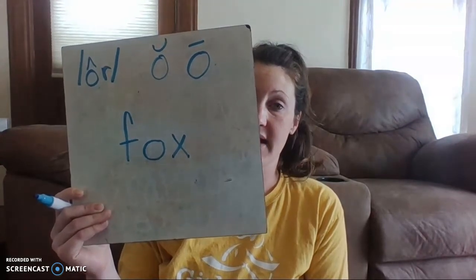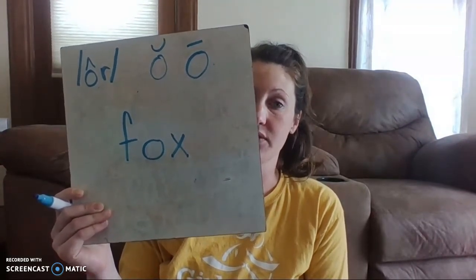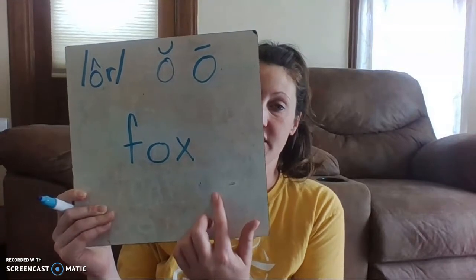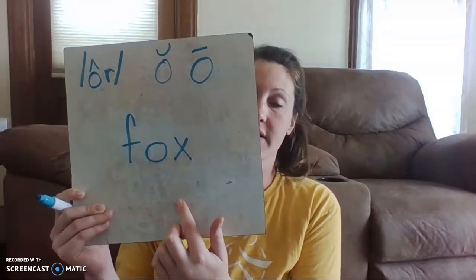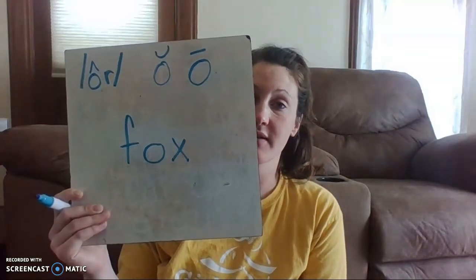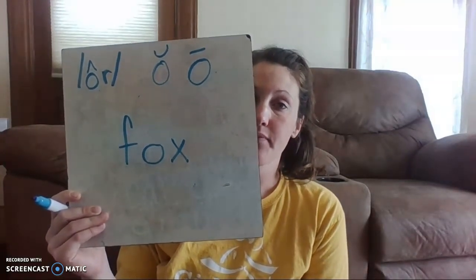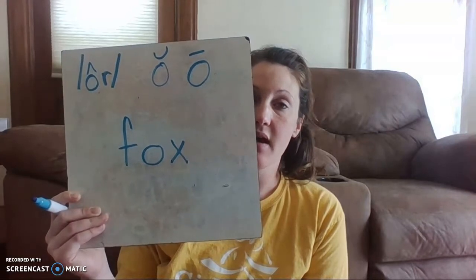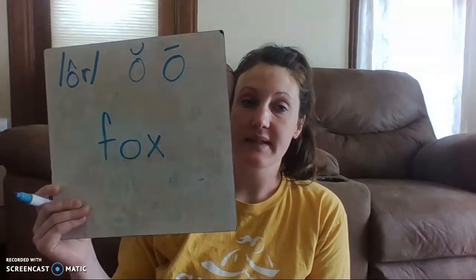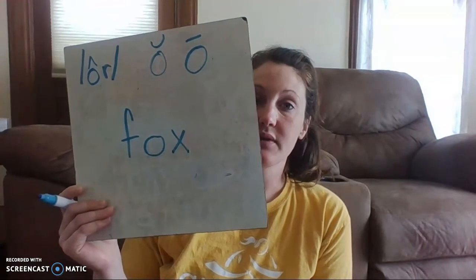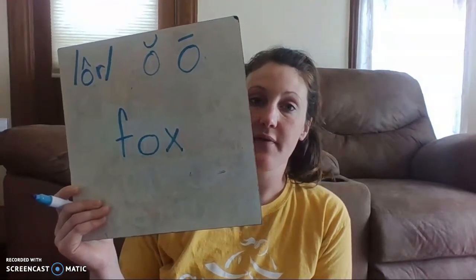If it's a short sound, it should be a closed syllable, which it is because that's a consonant. So ox, fox. And it can't be a long O sound because we don't have a bossy E or another vowel standing beside it.